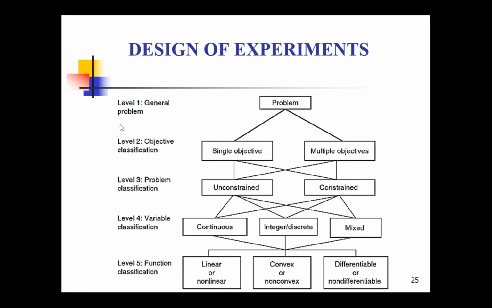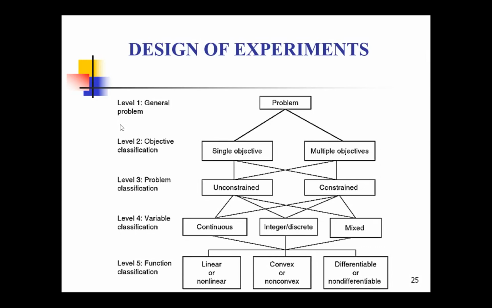So in normal experimental designs, the first thing we have to do is formulation of the problem. So what problem are you going to formulate, whether it is a single objective or multiple objectives. Single objective means only one output I am going to analyze, whereas in multiple objectives, more than one output I am going to analyze.